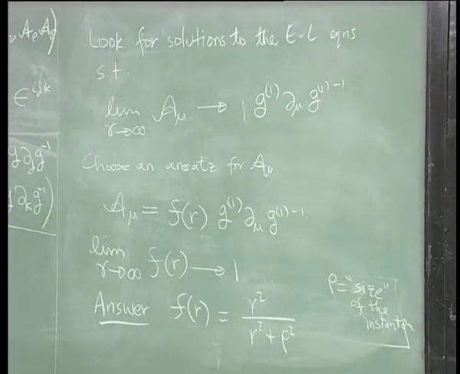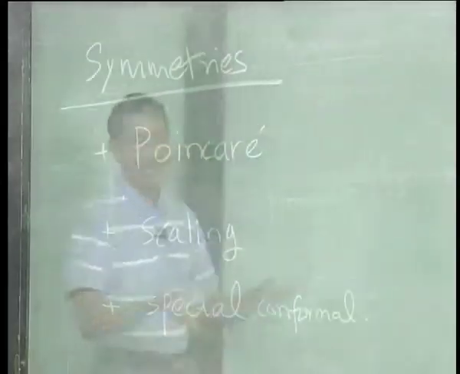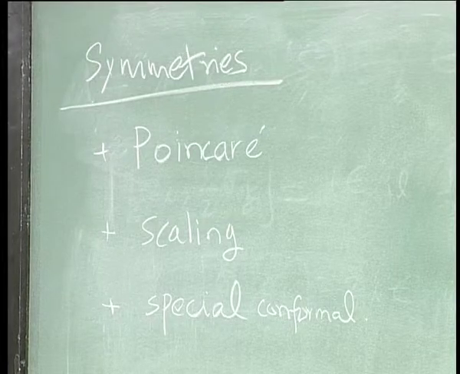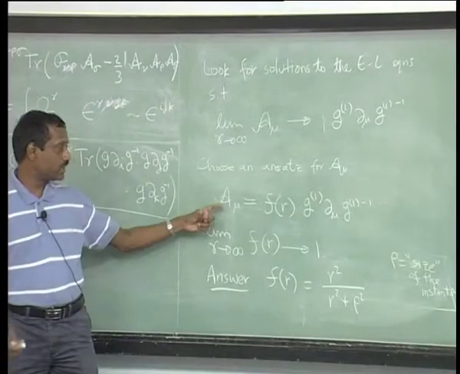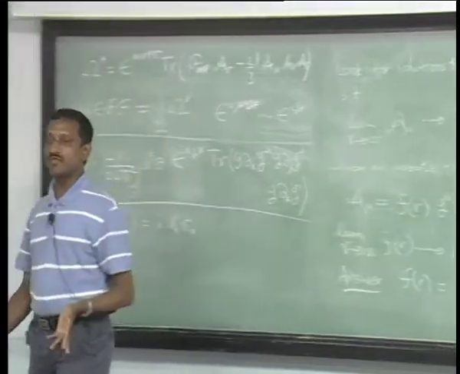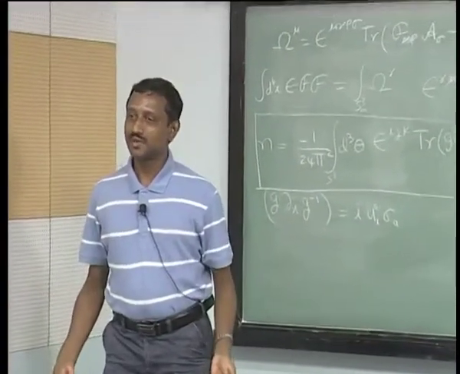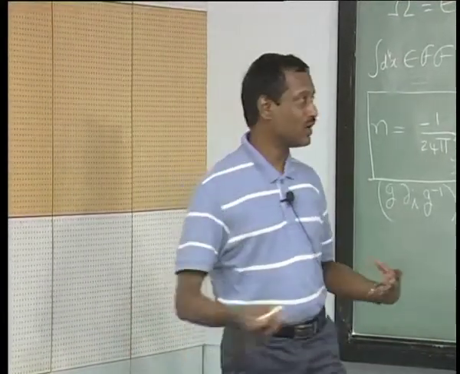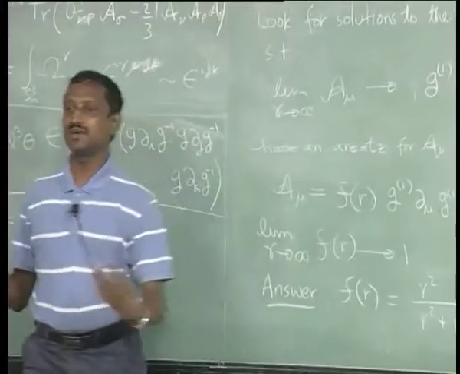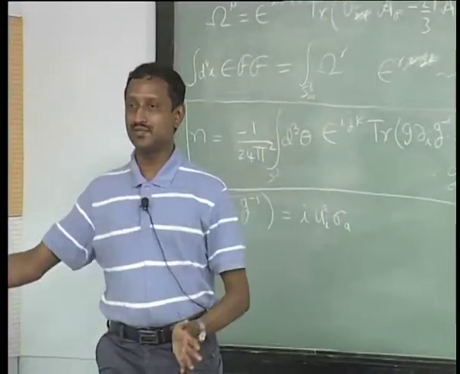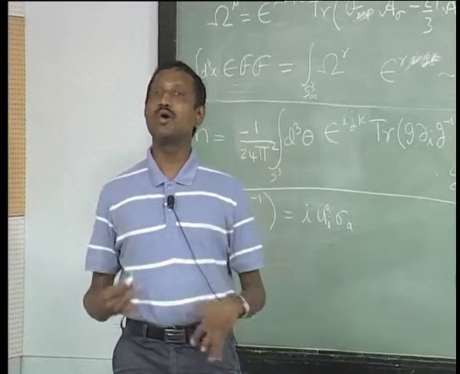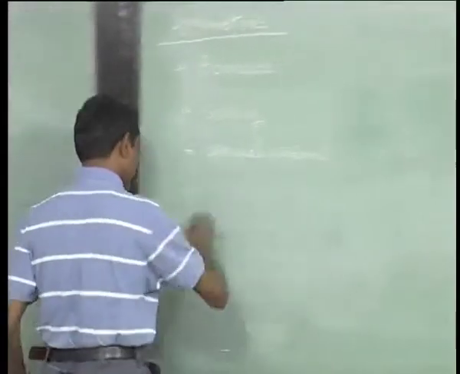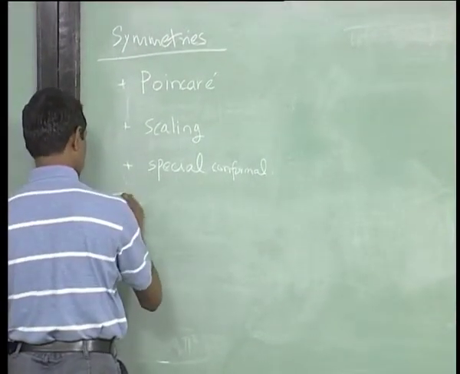Suppose I ask what happens under rotations or special conformal transformations: if your transformation takes A mu to a gauge transform of it, you would still say it is the same solution, not a different one. This is the only subtlety compared to when we looked at scalar theories in gory detail. Here this is always modulo gauge transformations.